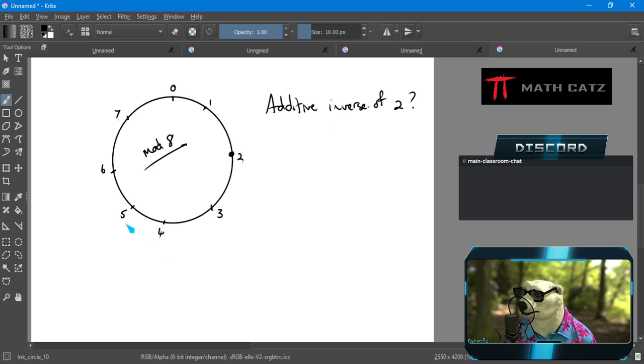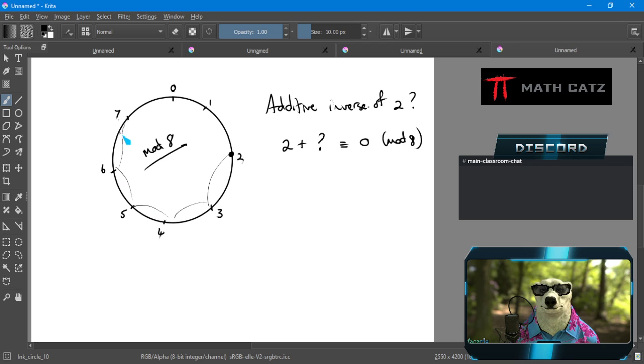I'm looking for something that gets me to 0 when I'm working on the circle. Adding means keep walking in the positive direction. 1, 2, 3, 4, 5, 6 steps. That guy is a 6, and therefore the additive inverse is 6.